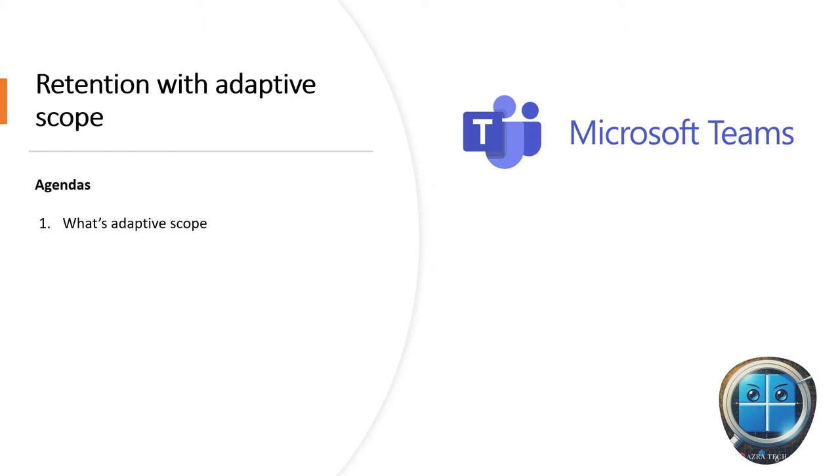But that was very hard to configure to be more adaptive, in the sense that if you have an organization, you will probably have a group of users that need to have a different retention policy per your compliance.